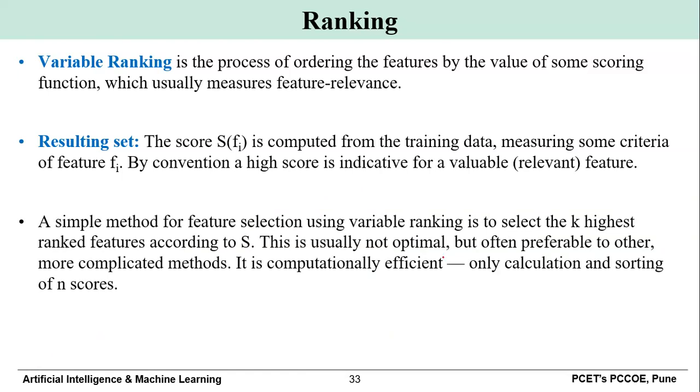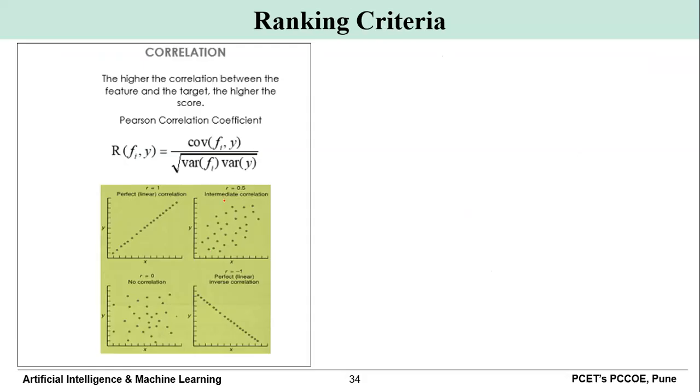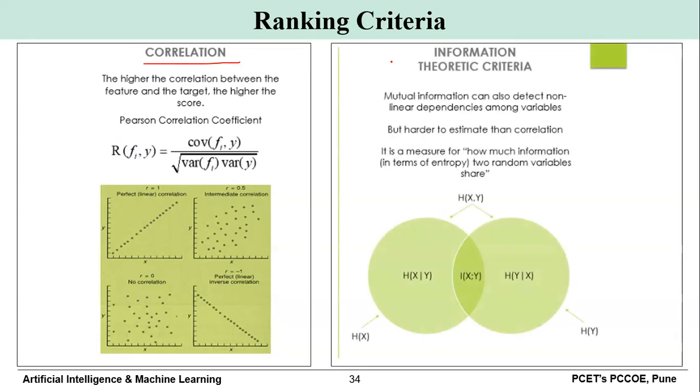Again, the important thing is what parameters you consider. These parameters play an important role. So in order to rank the features, we can use either correlation or information theoretic criteria.